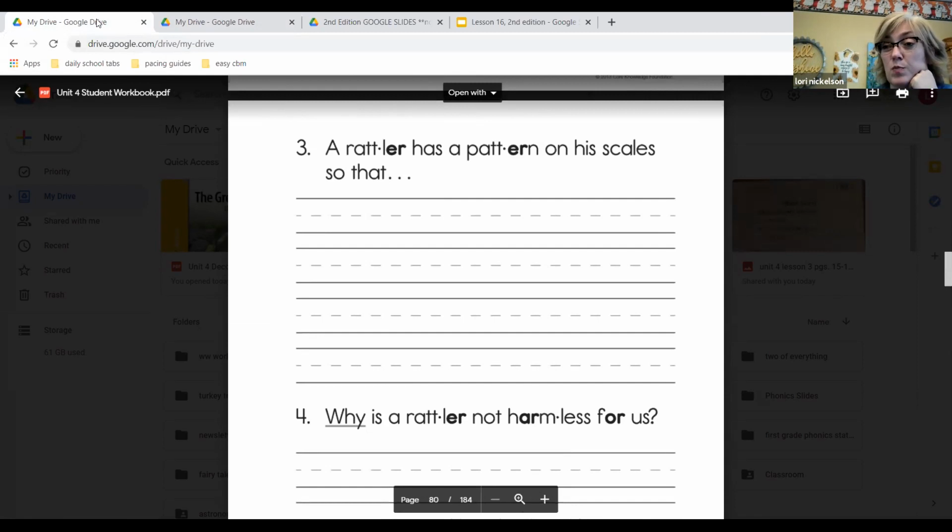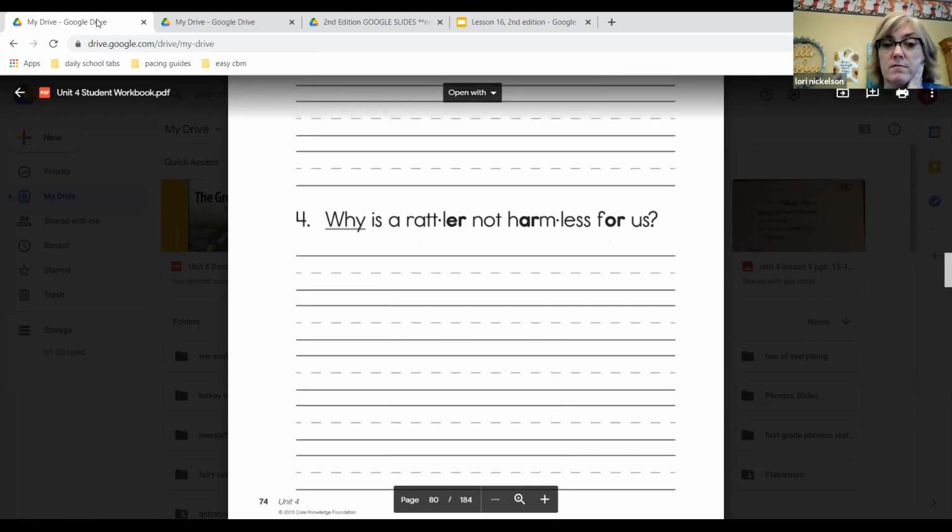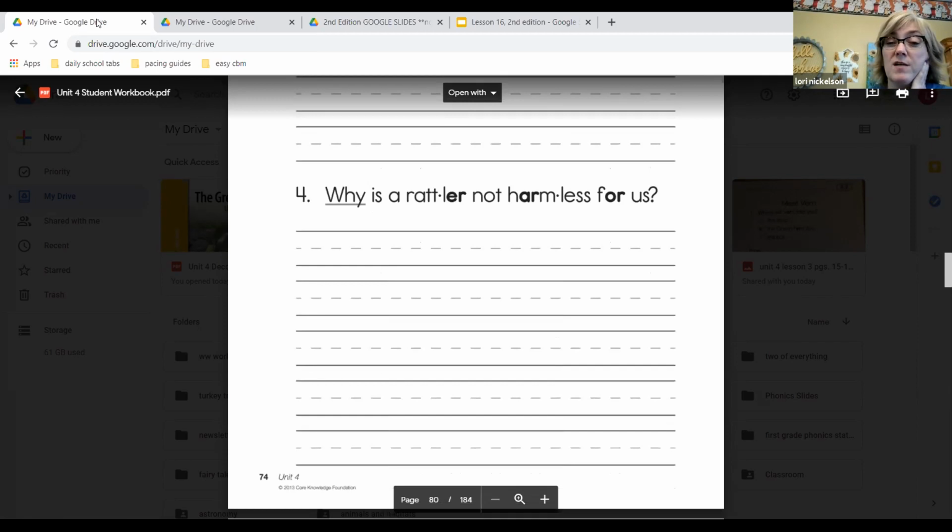So he can catch his prey. Number 4, why is a rattler not harmless for us? Well, if it coils up and starts hissing, it can strike and put venom into us, which could cause us to die. That's scary.